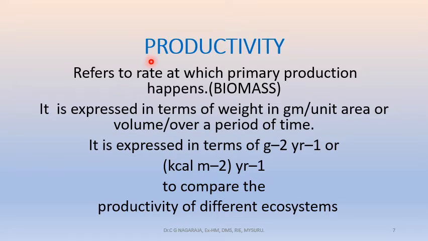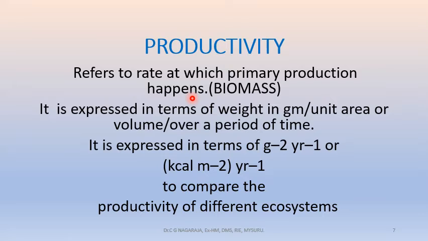Now, productivity, if you want to explain further, we can say it refers to the rate at which primary production happens. That means whether it is very fast or very slow. Again, it depends upon the type or the species of the plant, where it is situated, how much chloroplast it has, how much exposure it has for the year.